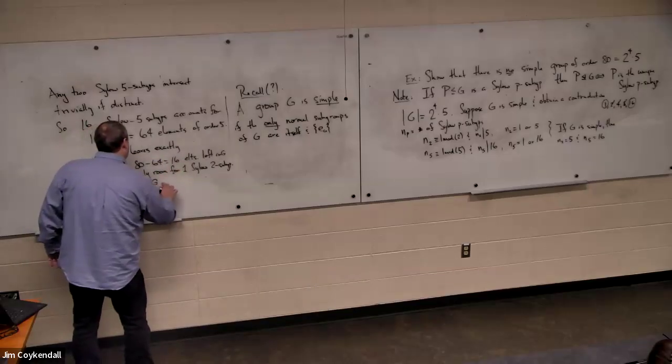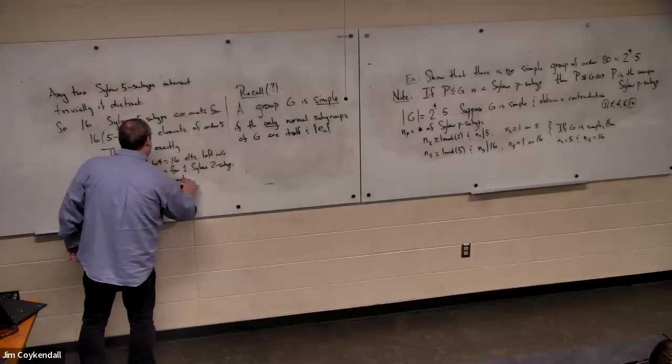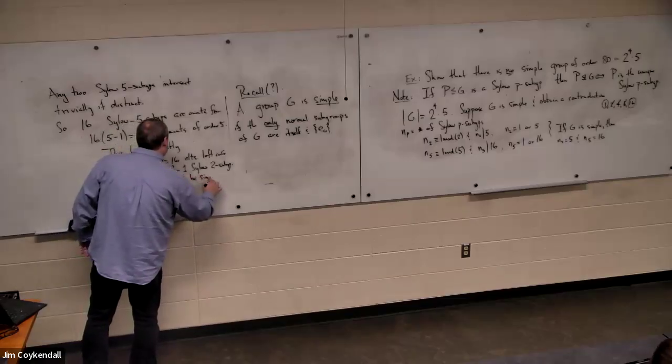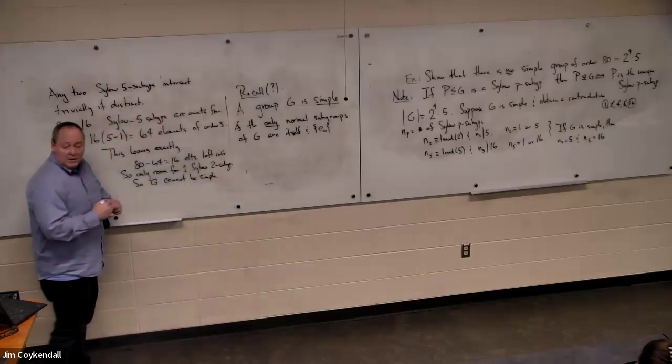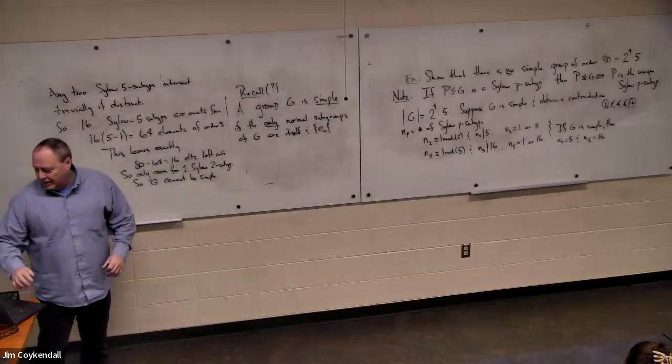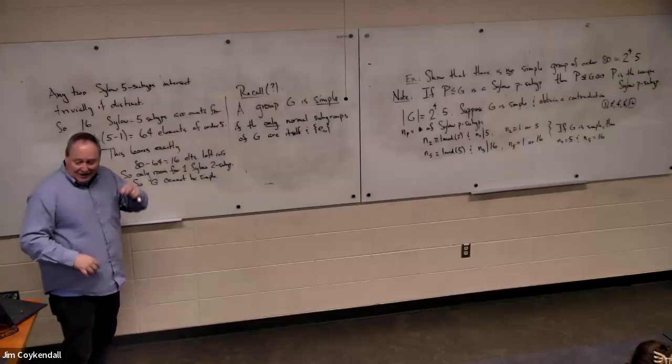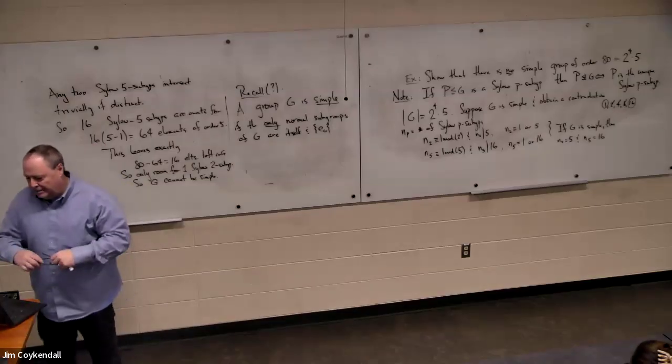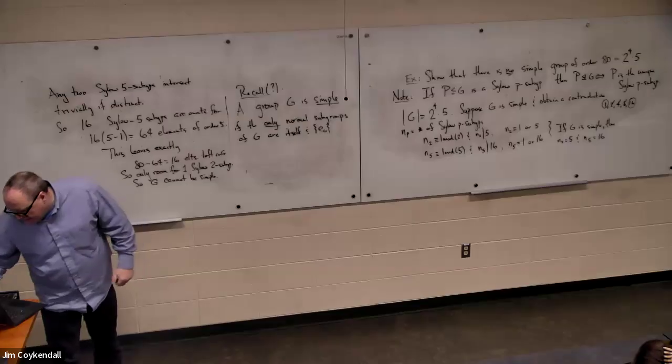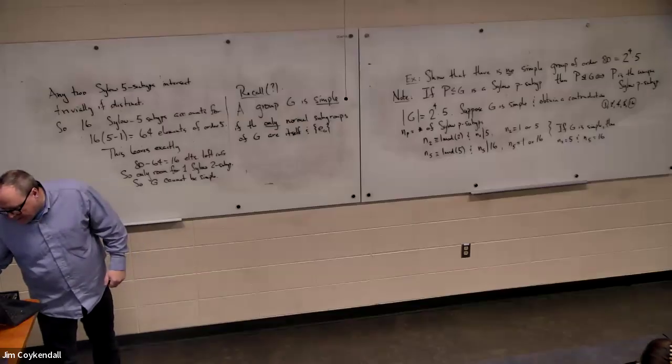So G cannot be simple. So there is no simple group of order 80. And this was a slightly more sophisticated counting argument, but not too bad. Okay, any questions on this?